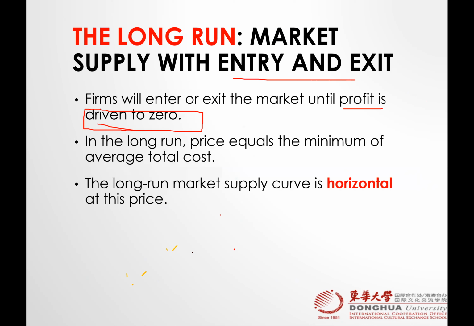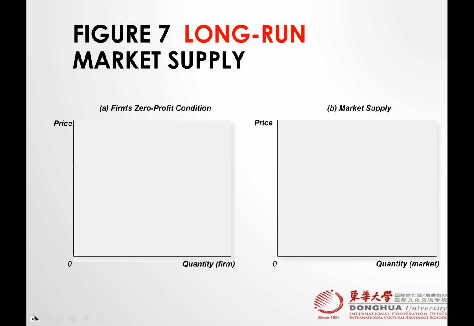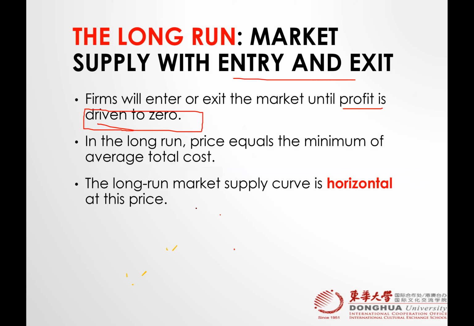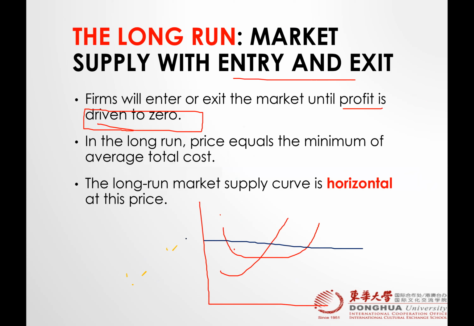Okay, so I think here we go. If in a competitive market the price is above average total cost, you see the price here, and average total cost is lower here.